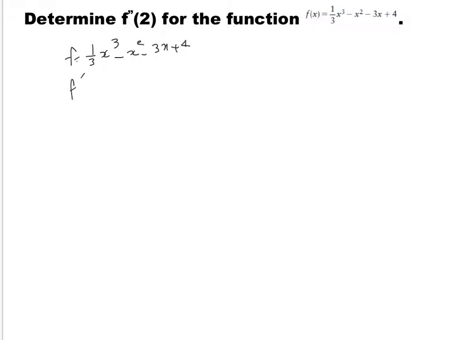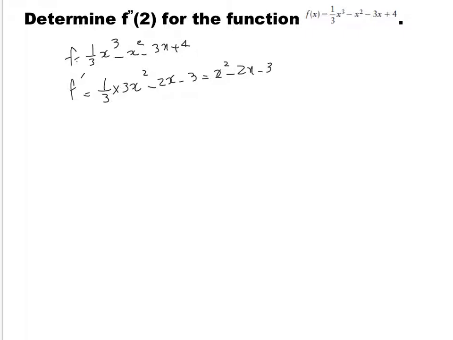So f prime is going to be 1/3 times 3x squared, because the derivative of x cubed is 3x squared, minus 2x minus 3, which is going to be x squared minus 2x minus 3.